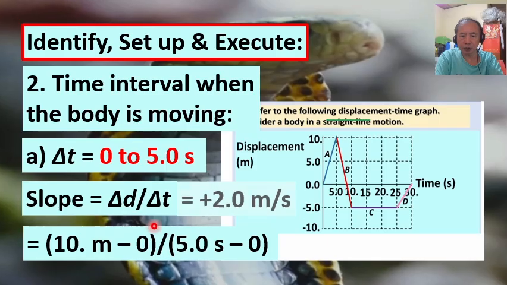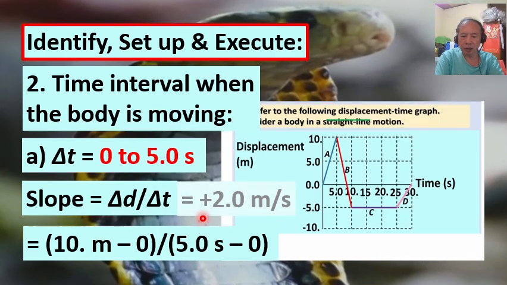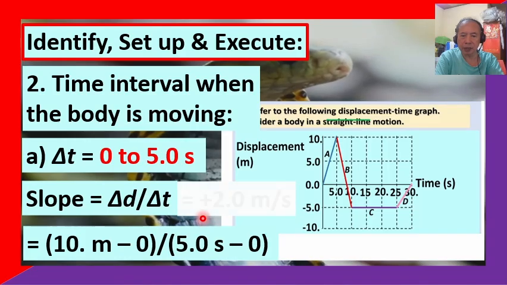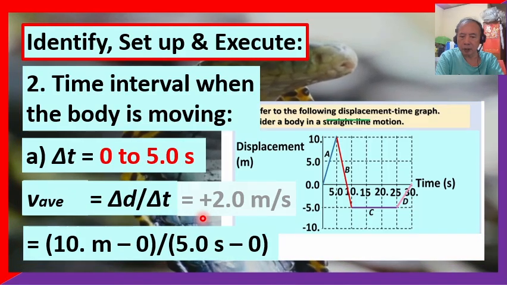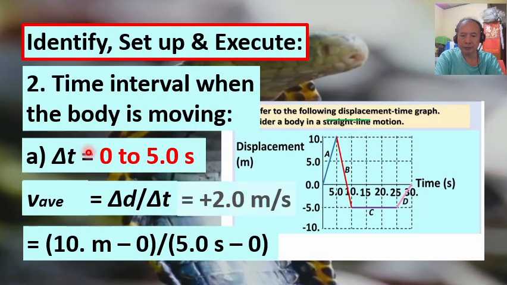This slope represents the body's average velocity during the time 0 to 5.0 seconds.